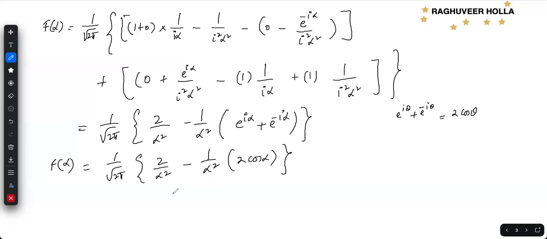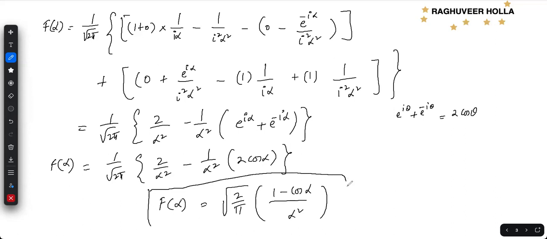Or we can further write this as root 2 by pi, 1 minus cos alpha divided by alpha square. Fine, we got F of alpha.